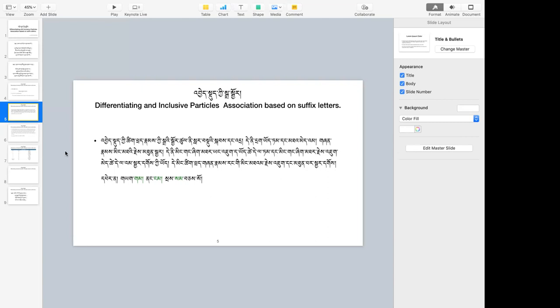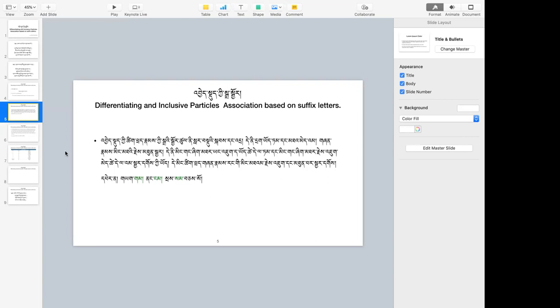They function dependent on the statement, the nature of the statement. If the statement is of the nature of differentiating, it's a differentiating particle. If the statement is of the nature of inclusiveness, it is an inclusive particle. And these two are the direct usage cases, direct because they are stated in the text.